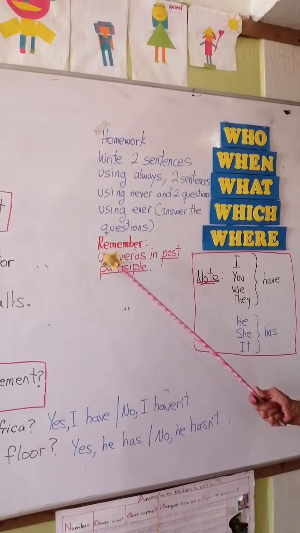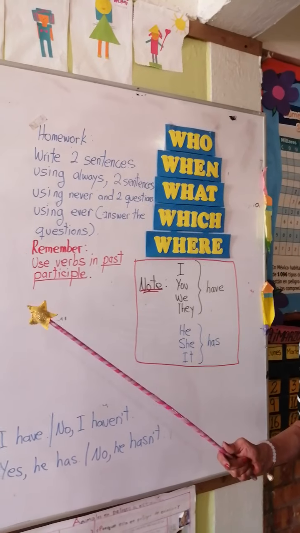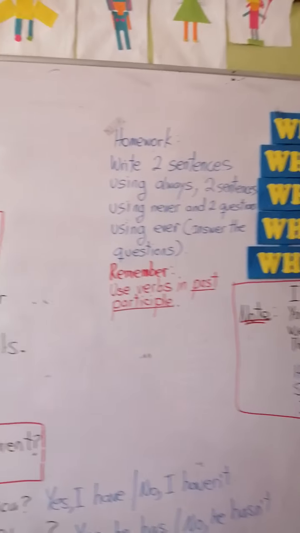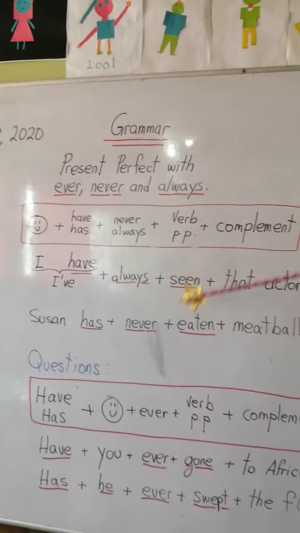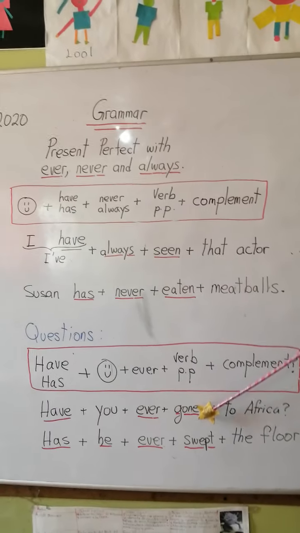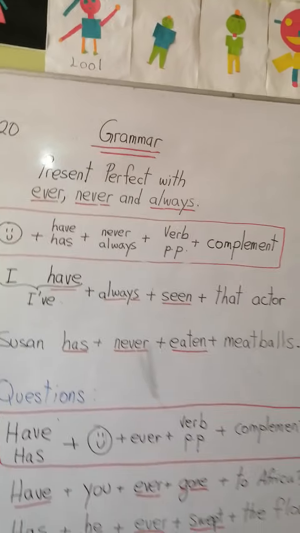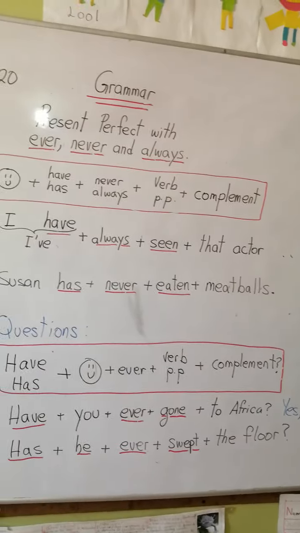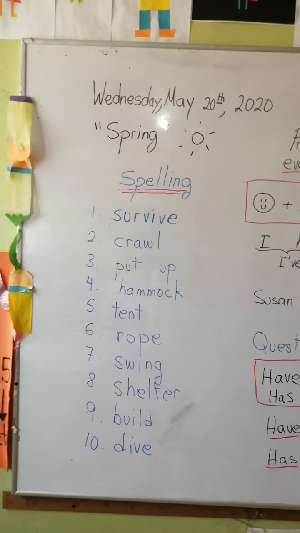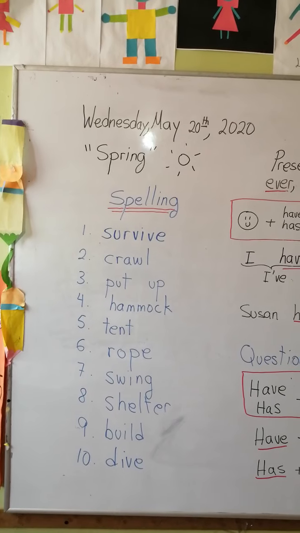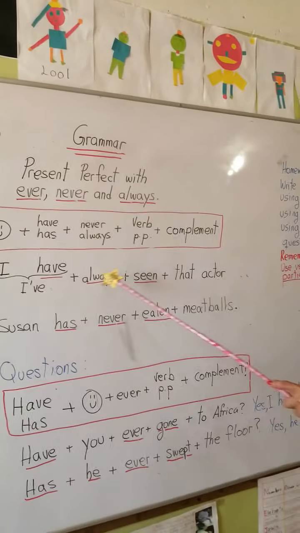Remember, you have to use verbs in past participle. You have your paper. Here, in this case, I wrote seen, eaten, gone, and swept. You have in your list many of these verbs. And okay, kids, you know how to do sentences in present perfect. This is the same, but only that you are going to add the adverbs.